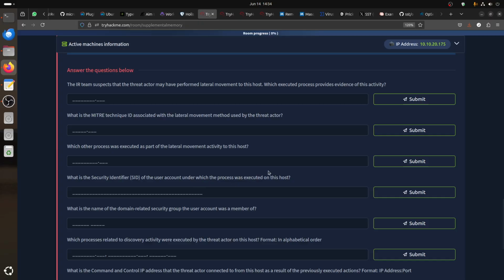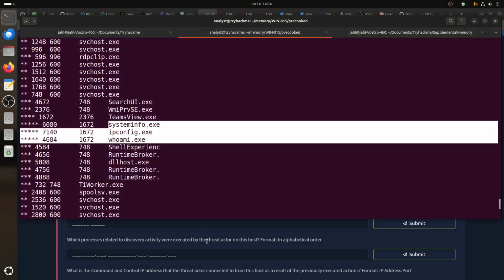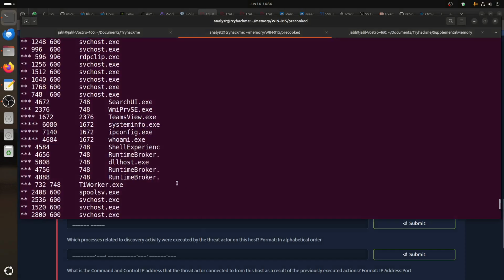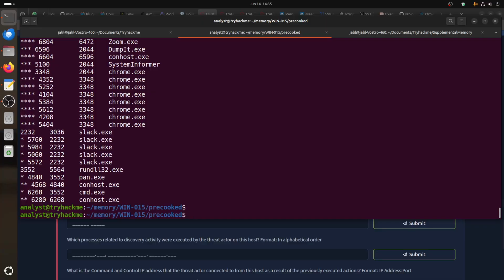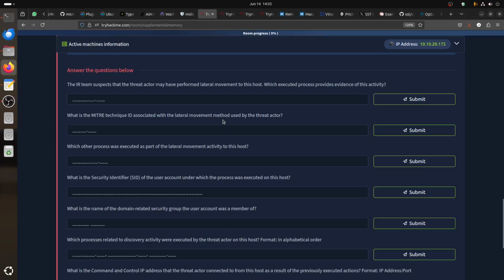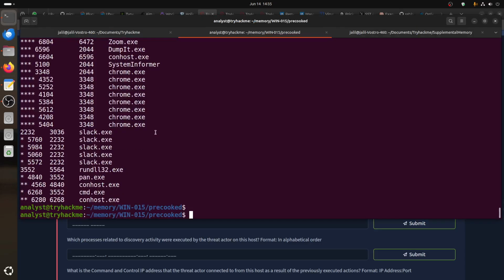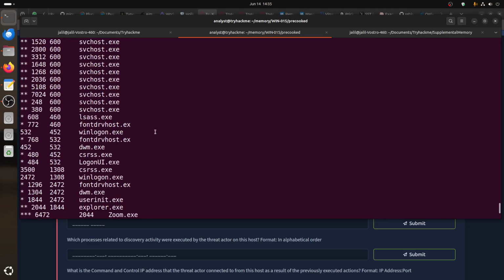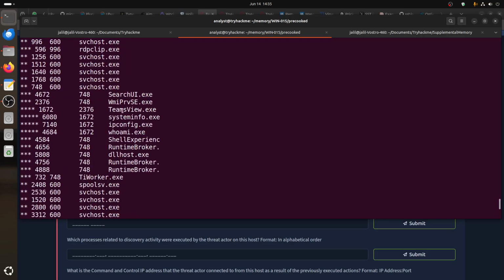and which process was executed on this host? The process we're talking about, assuming you're talking about the second one, the other process. Now we have the process. What is it? We know it is... where is it now? I keep disappearing.